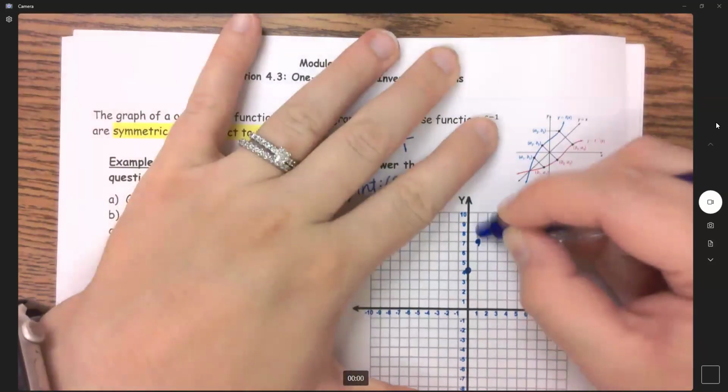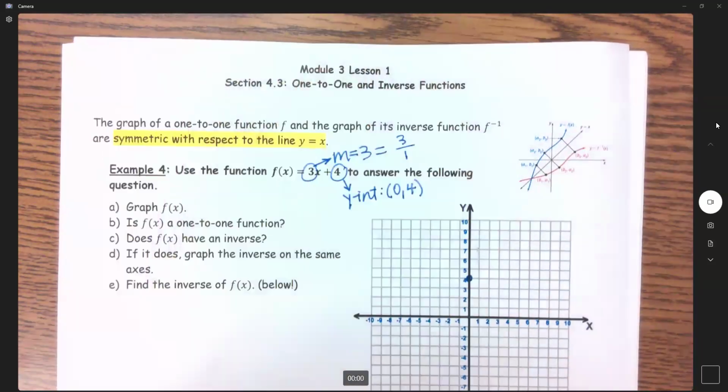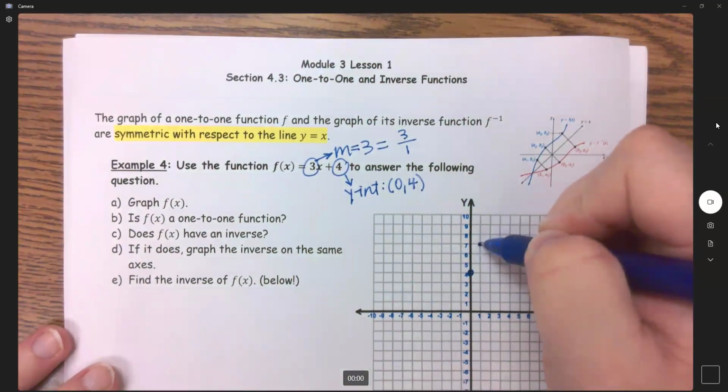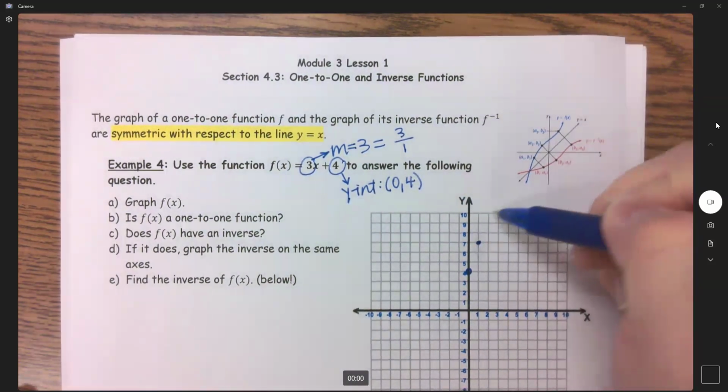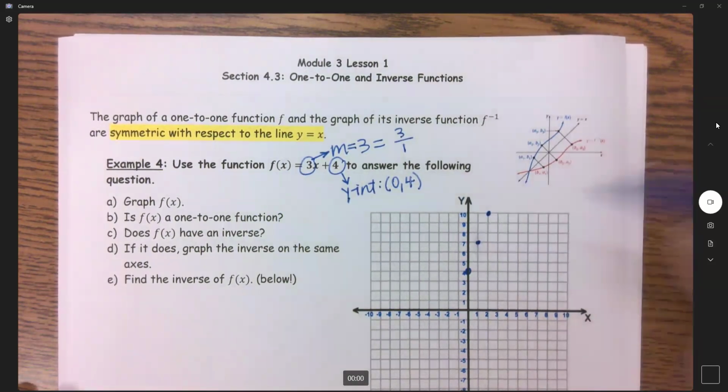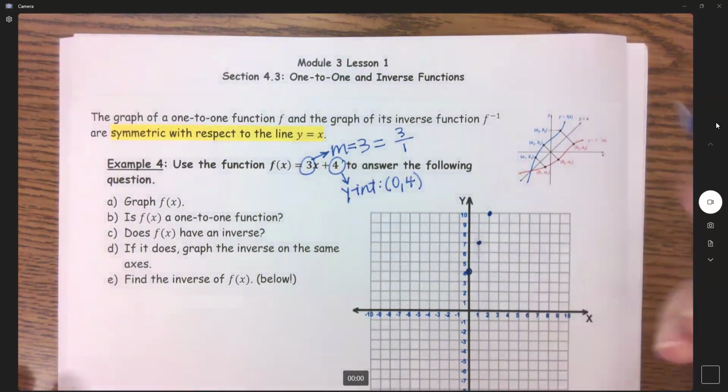Now, technically, when you have a line, all you need to be able to graph that line are 2 ordered pairs. However, I want this to be very accurate, and so I'm going to use my rise over run for the entire graph. So I'm going to go up 1, 2, 3 over 1. And now I'm going to go in the opposite direction.